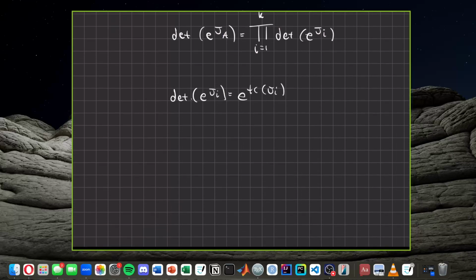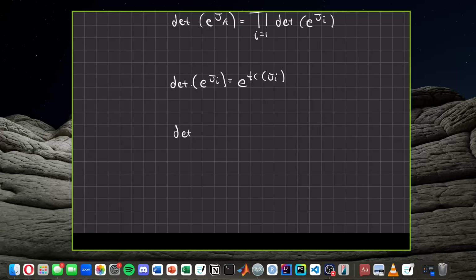Thus, the determinant of e to the J sub A is the product, capital Pi, of e to the trace of our Jordan blocks, which is the same as saying e to the sum of the traces of our Jordan blocks.